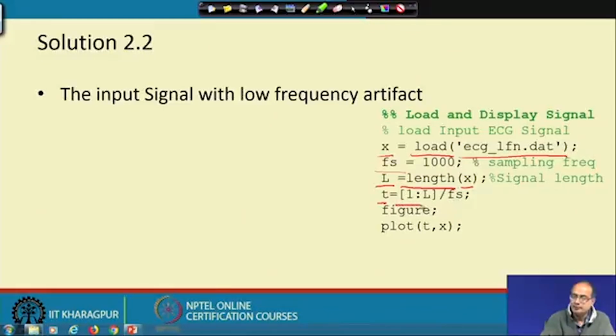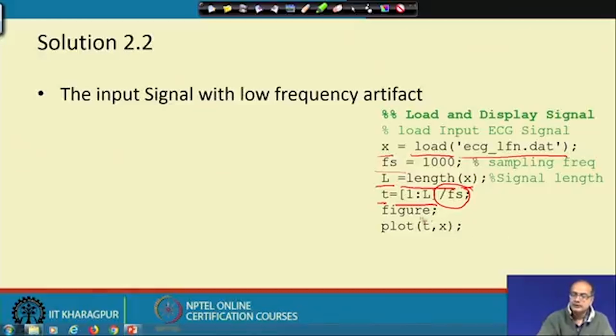To create that ramp, within the bracket we write 1:L, that means it will increase 1, 2, in that way up to L, and we multiply that with 1 by fs. So, instead of the sample number we get the time instant corresponding to each sample.